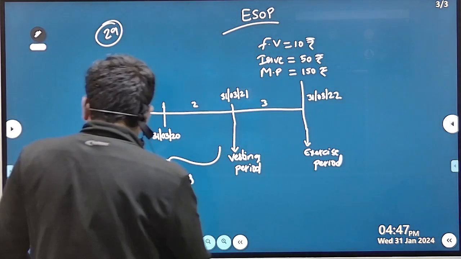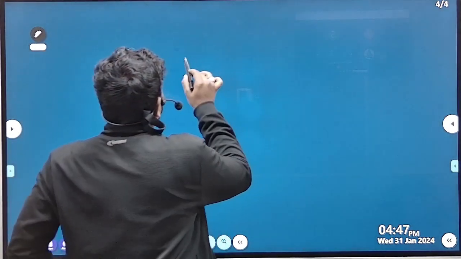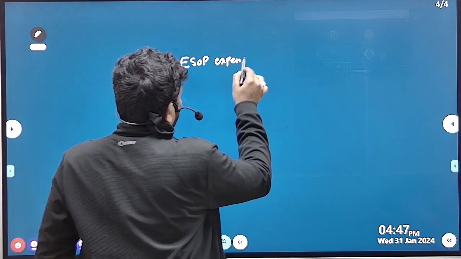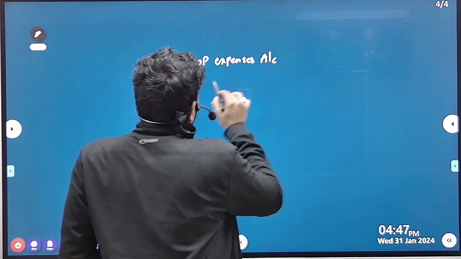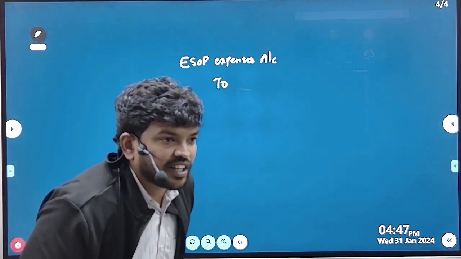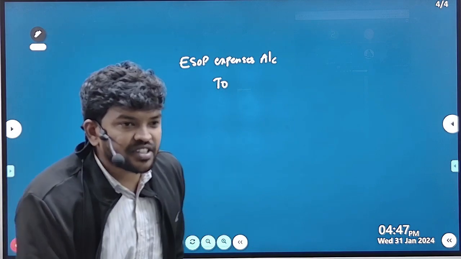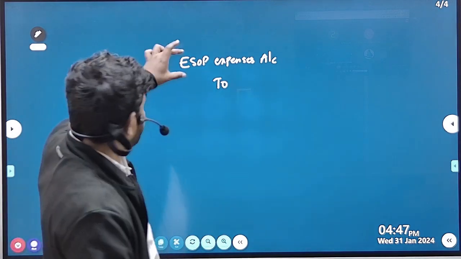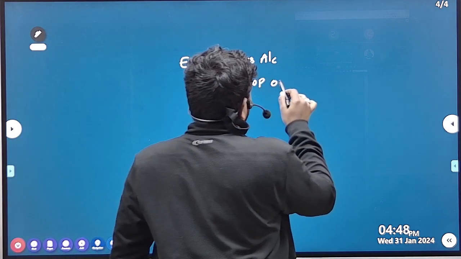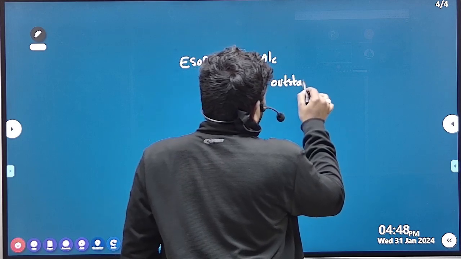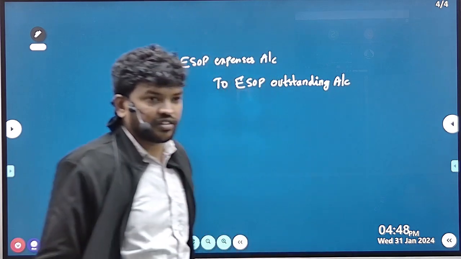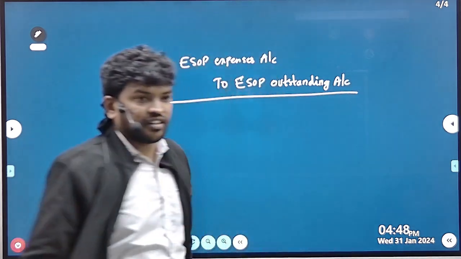So see the first entry. ESOP expenses account debit. What is the entry? ESOP expenses account debit. This is an expense. As per nominal account principle, debit all expenses, credit all incomes and gains. So expense I have debited. Now I am crediting one temporary account, ESOP outstanding account. What is this account? ESOP outstanding account. Clear? This is the entry.